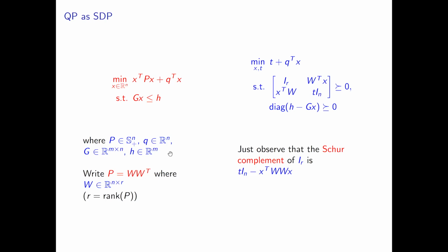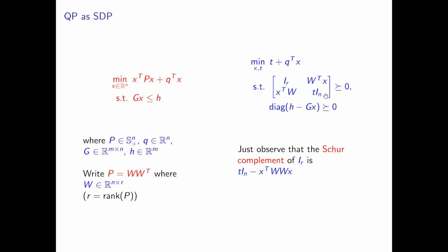So since W transpose W is P, this boils down to requiring that I'm basically minimizing the same thing, because I can push this t all the way up to x transpose Px. That's the idea. You get it? I hope you got the scheme of it. Don't hold me to the complete details, because we don't have the time to go through all that. This explains how a QP can be modified into an SDP.